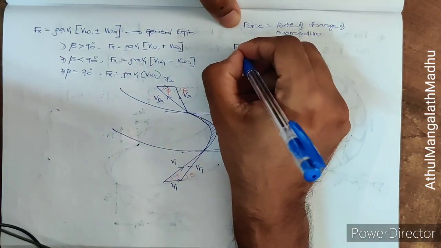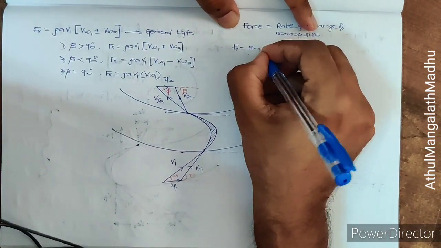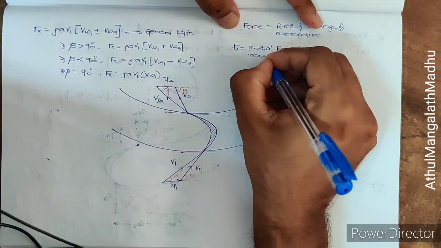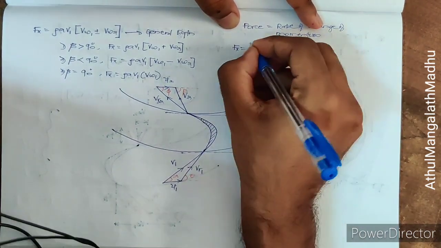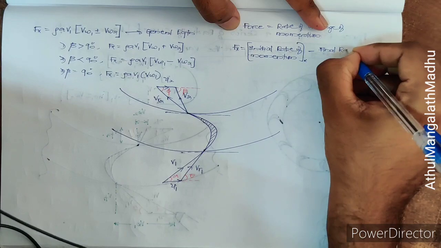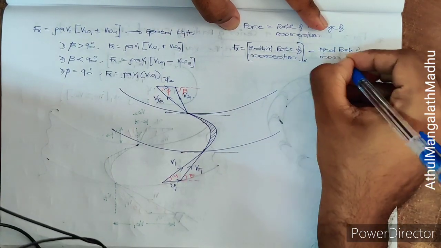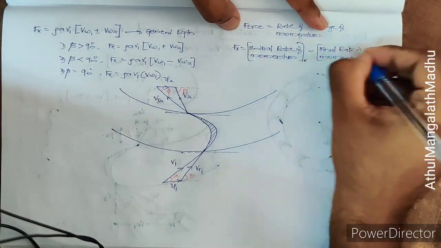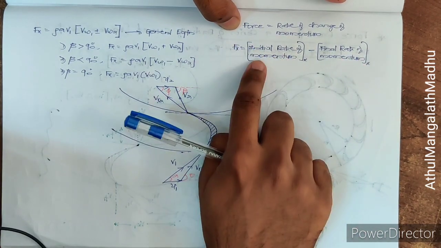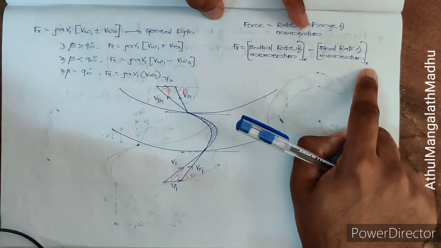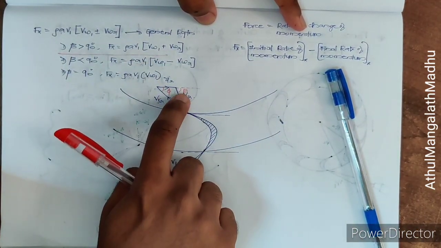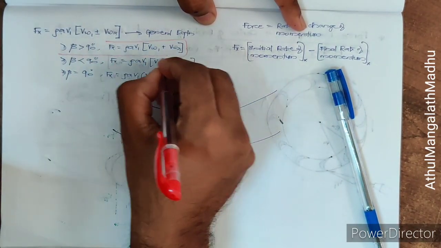So I can say that the force in x direction is equal to the initial rate of momentum in x direction minus the final rate of momentum in x direction, because this is the difference, or rather the rate of change of momentum. I'm just taking this condition because we have drawn the figure with respect to beta less than 90 degrees, so I'll be using this equation.